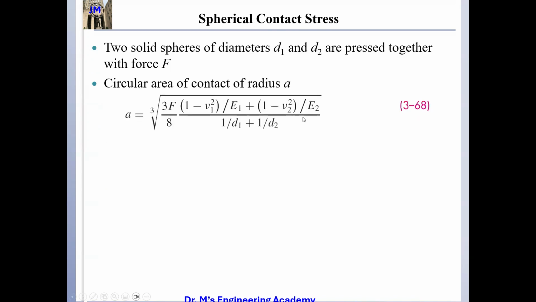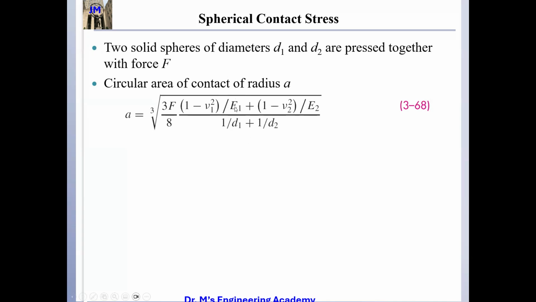Now spherical contact stress. Two solid spheres of diameters D1 and D2 are pressed together. The contact area is circular with a radius, and we can use this equation to calculate it. This is very accurate; it is an analytical solution.